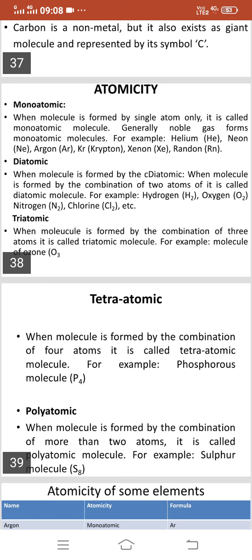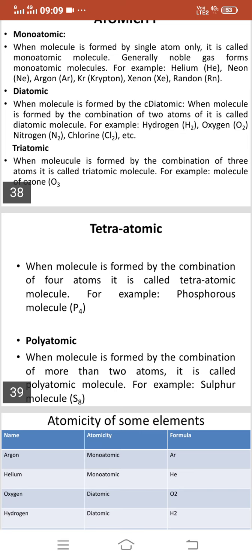Tetraatomic. When a molecule is formed by the combination of four atoms, it is called a tetraatomic molecule. An example is the phosphorus molecule, that is P4. And polyatomic. When a molecule is formed by the combination of more than four atoms, it is called a polyatomic molecule.